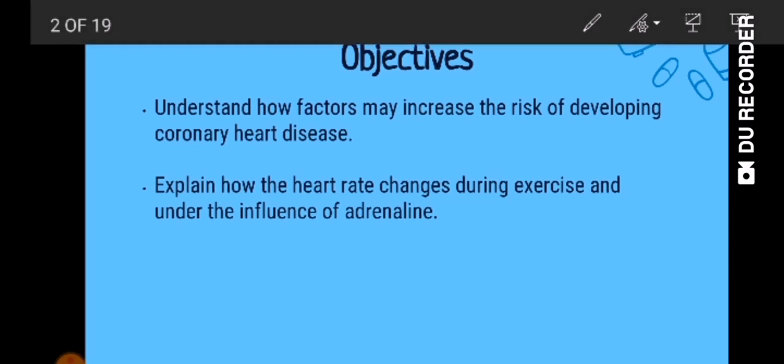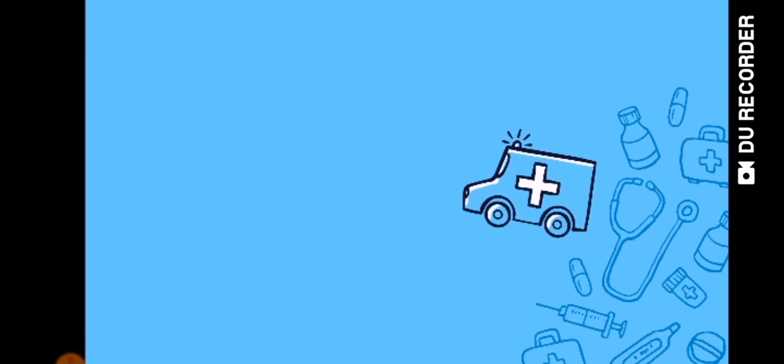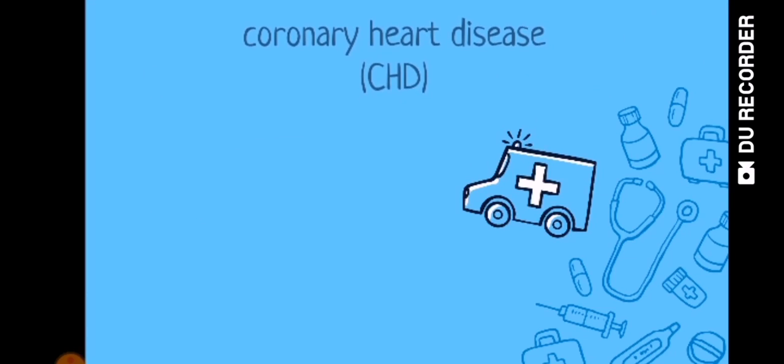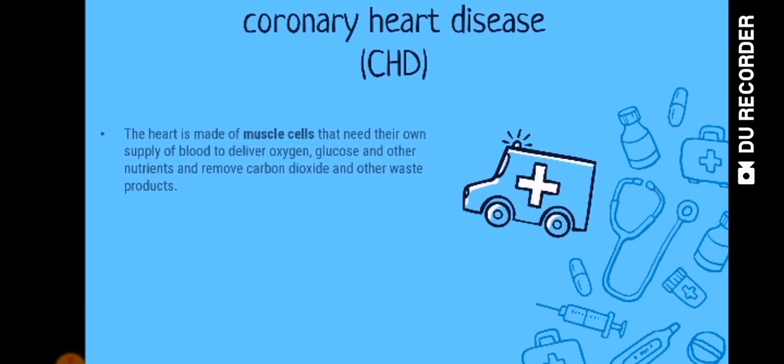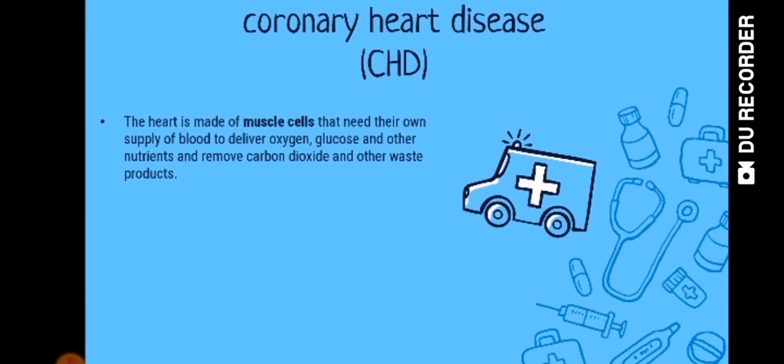Coronary heart disease. The heart is made of muscle cells. As we know, the building unit of our body is a cell. So our heart is made of cells, as is any organ in our body.